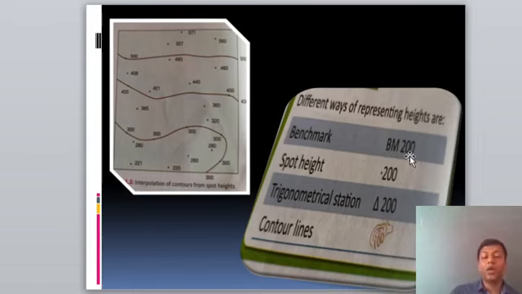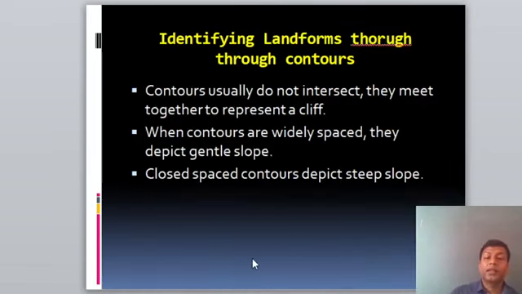BM means benchmark 200. If a dot 200 is written in your topo sheet, you can easily understand that it is spot height. And triangle 200 is a triangulated height, triangulated station. Any number, and the contour lines, brown zigzag lines, having a number. I hope it is clear.